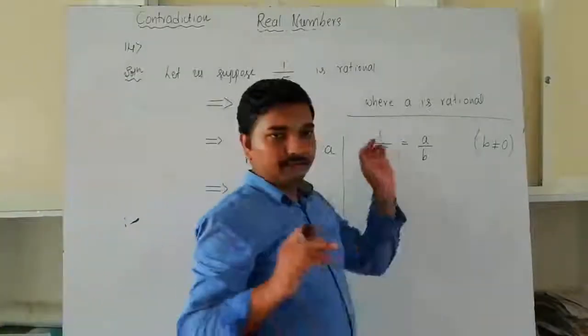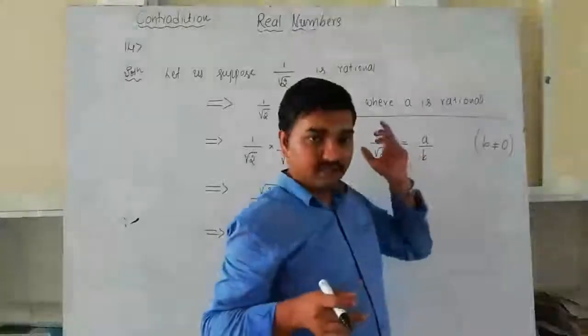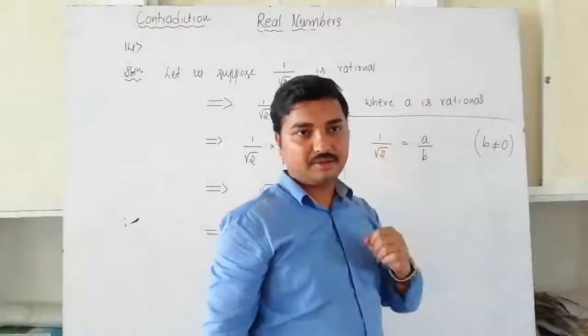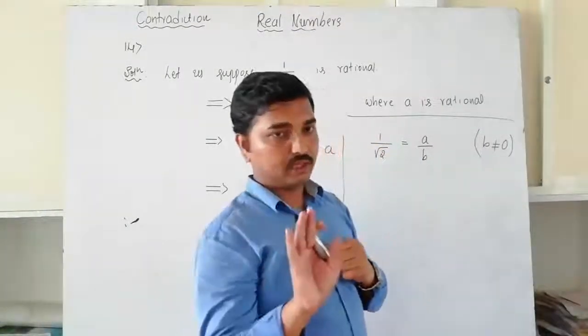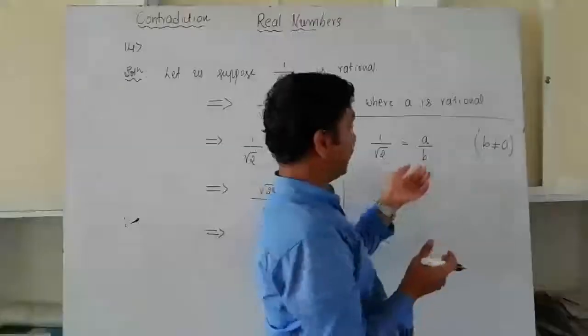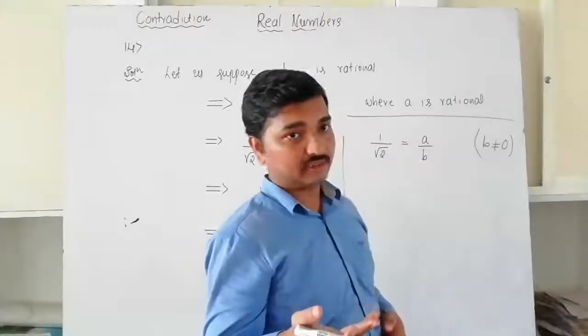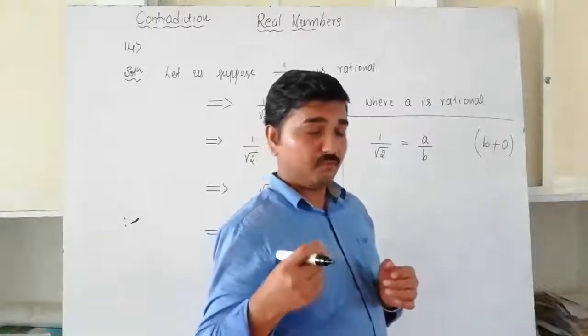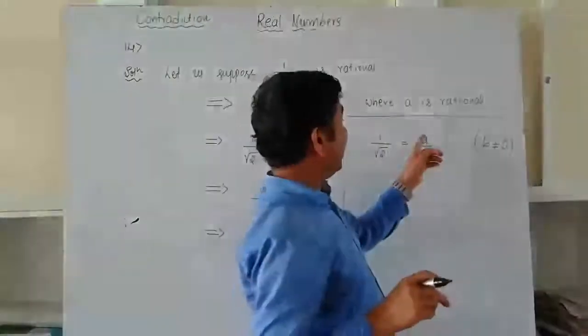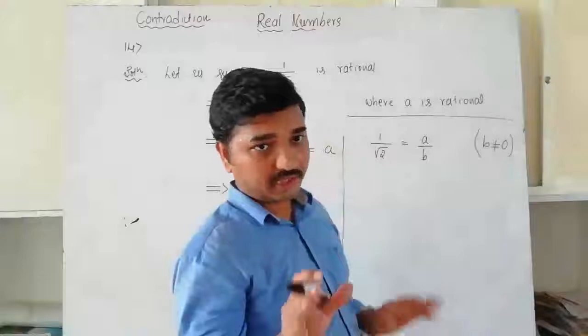So now look here. In the definition of a rational number, I clarified for you why the denominator should not be equal to 0. And in the meanwhile, I told you a can take 0. I think you remember this.